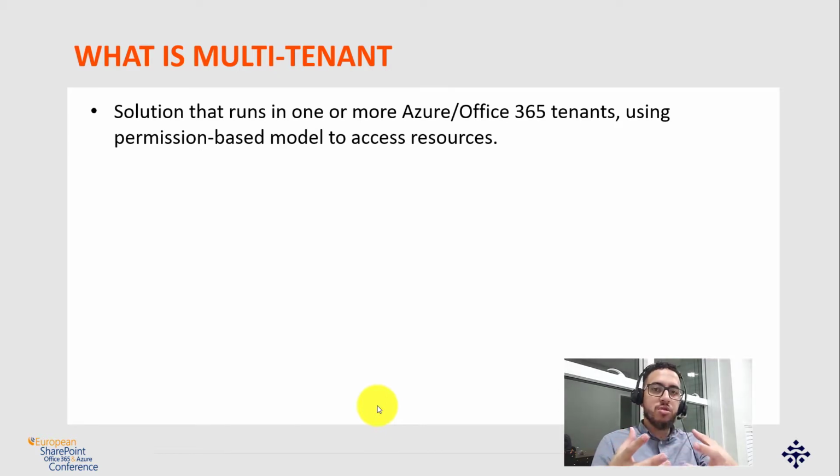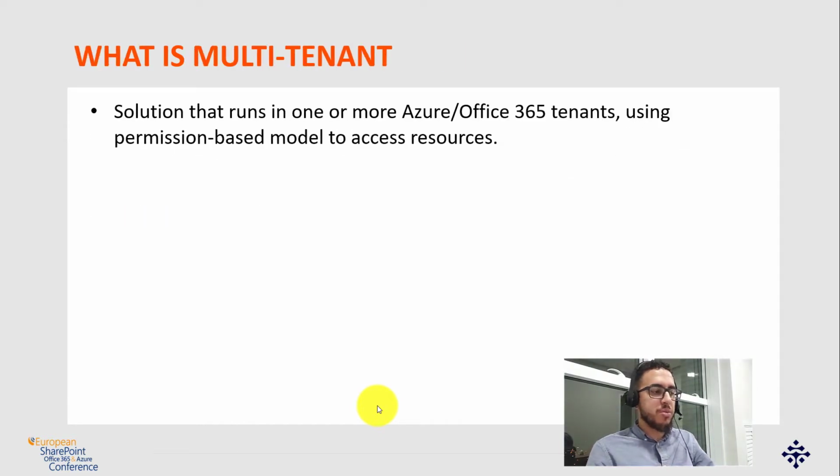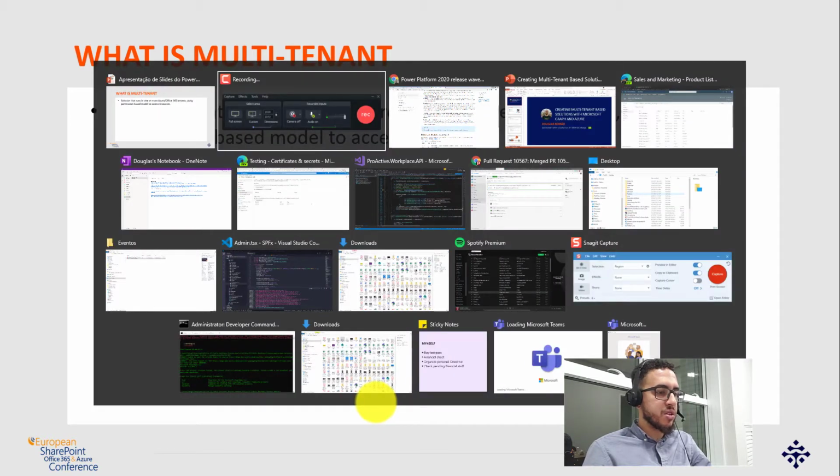The multi-tenant solution is something that we register and create, and then we can use for our own environment, our context, but also to connect to other tenants, ask for permissions, and do things there. Okay, this is pretty much the difference between multi-tenant and single-tenant applications.